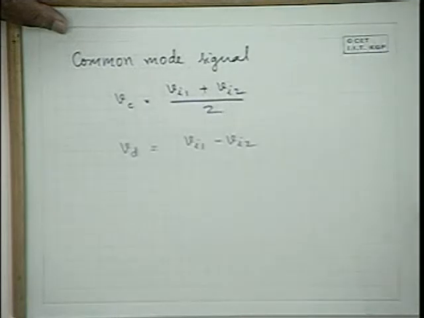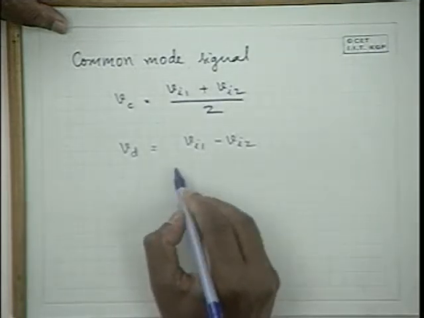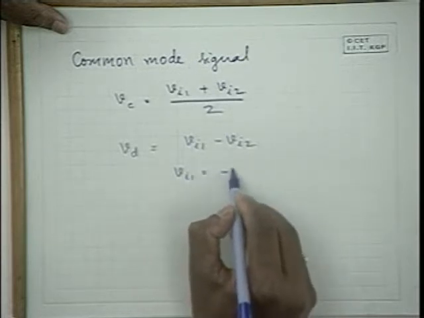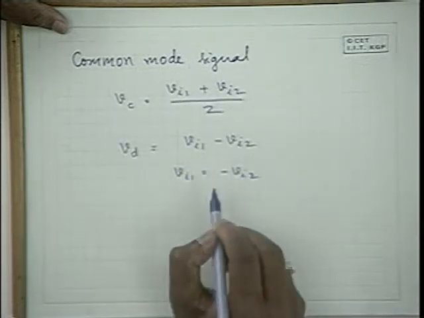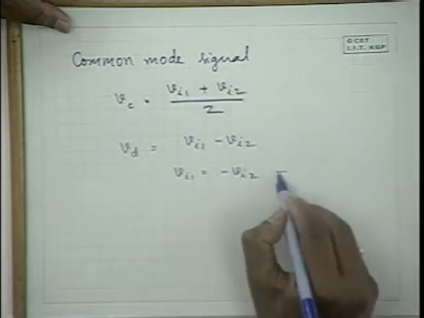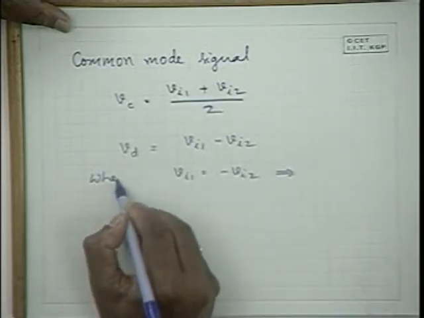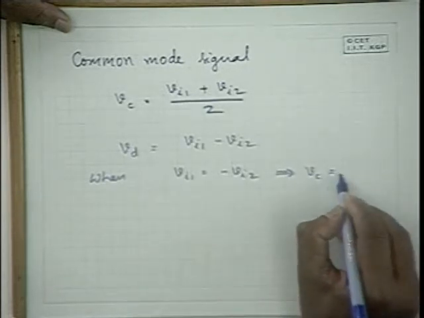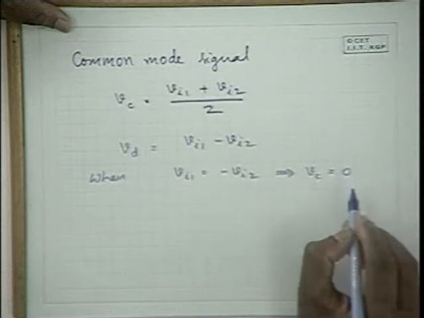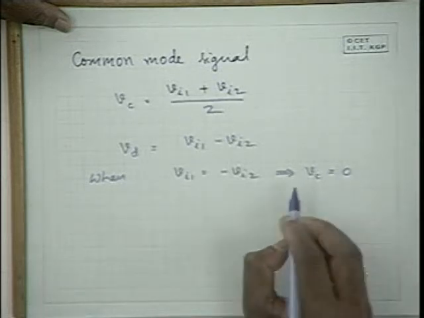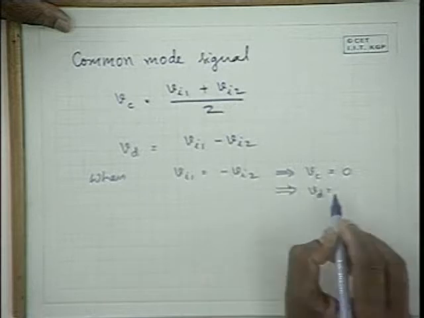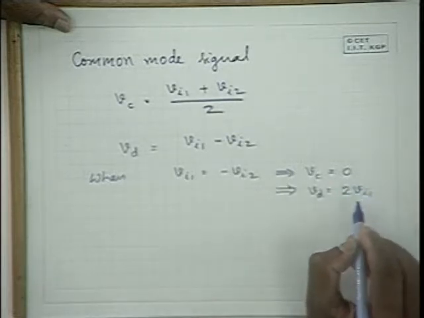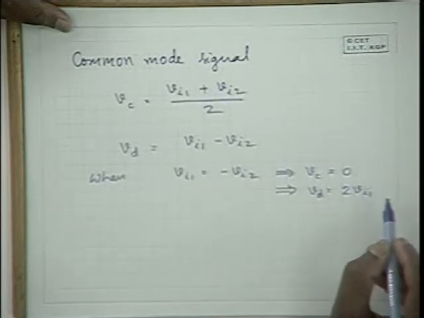Now, when you apply this kind of an input, when Vi1 is equal to minus Vi2, the common mode signal is 0, and the differential signal is equal to Vi1, which is equal to 2 Vi2 also.